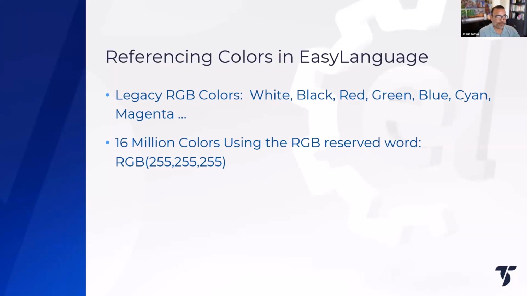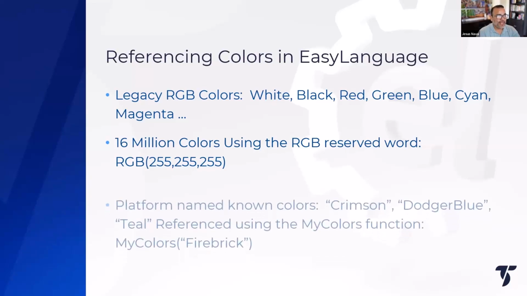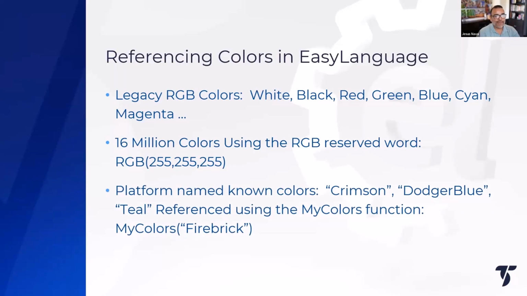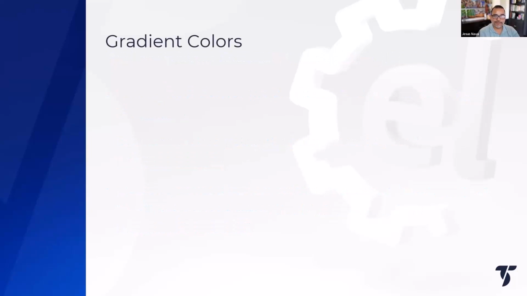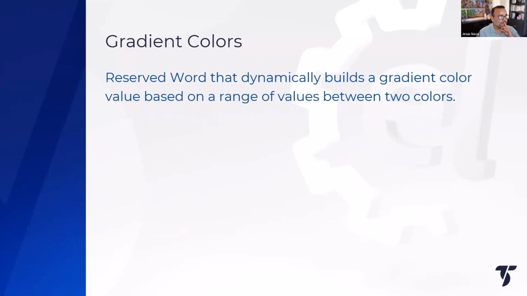You just type RGB, and then inside parentheses, supply the 3 numbers for the red, green, and blue combination that gets you the color. And you also have the platform named colors, and you can go to that list of colors, and then you have to use the My Colors function in order to reference it. I think we provided 3 examples of those syntax in our moving average indicator.